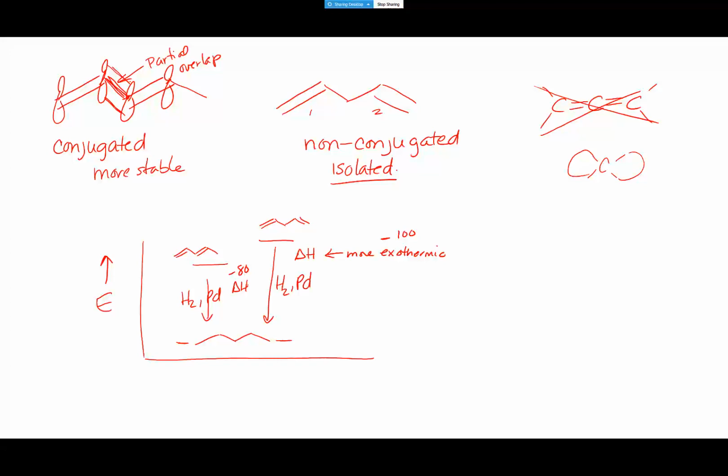So the reason that the conjugated system is different is because if I do this, let's say I take this conjugated system and I add HBr to it, I actually get two different products. I'm going to get this product, and I'm going to get that product.